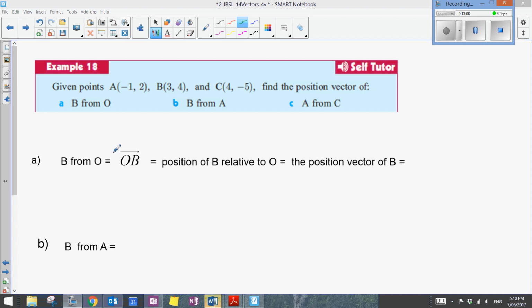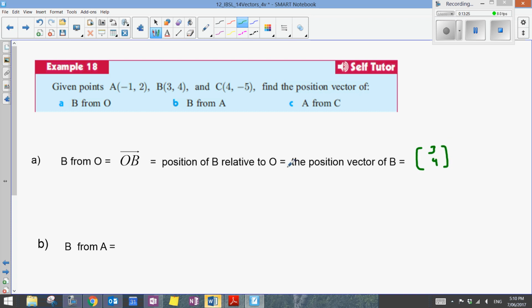So just to put it into practice here, if I want to talk about a vector that represents the position of B relative to the origin O, that means I'm going to take my point B and subtract the origin, which is 0, 0. So I will just wind up with 3, 4 as my vector OB. However, if I start at A and go to B, so I want a position vector of B from A, that means I want vector AB.